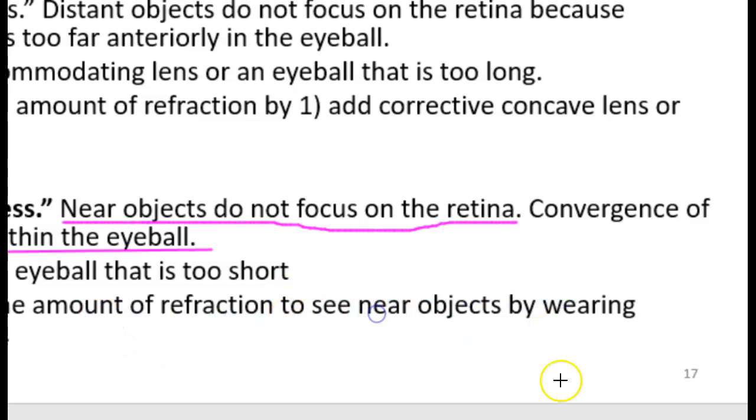Convergence doesn't even happen in the eyeball. This is usually because the lens is too thin, but it can also be that the eyeball is too short. This has some genetic predisposition typically. To fix this, we need to add a lens that bends the light rays more, so we add a corrective convex lens in front of the eye.